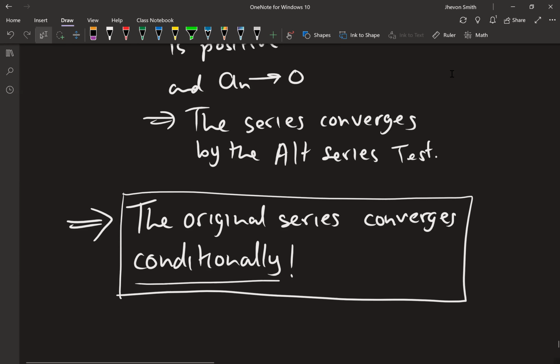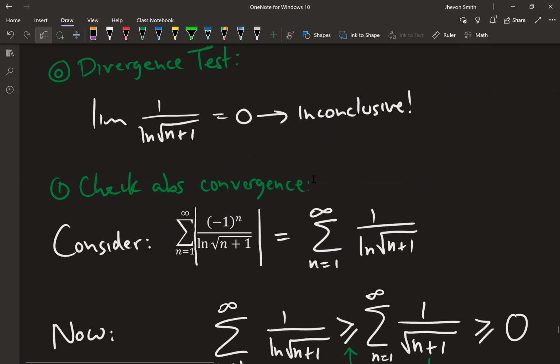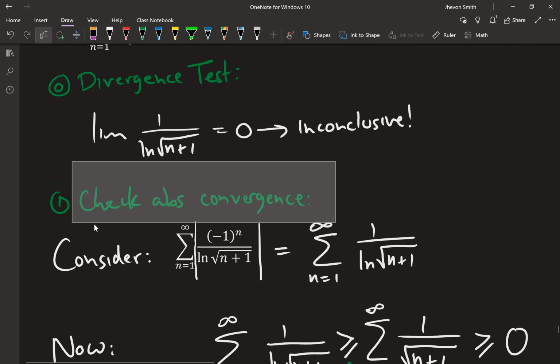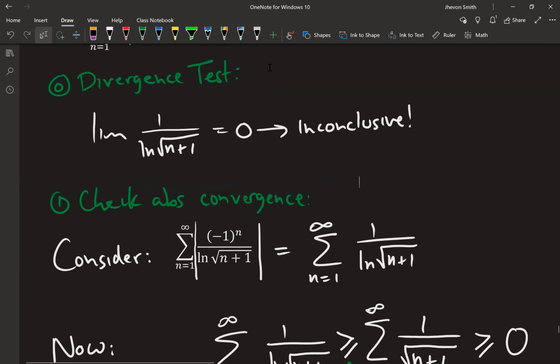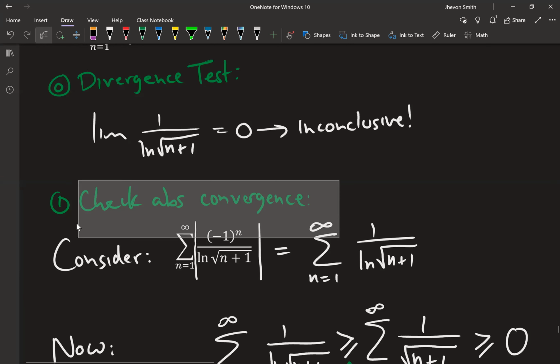Yeah, so in each situation, when you're checking convergence of the series, you are going to use one of the tests I told you. One thing you have to remember is when you're checking absolute convergence, alternating series test is not an option. You should not be thinking that at all. But yeah, you do divergence tests. Does it work out? If not, if it's inconclusive, move on. Then you check absolute convergence, meaning use any test that's worth using other than the alternating series test.